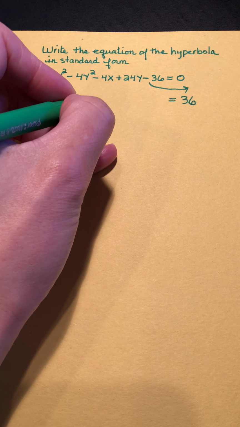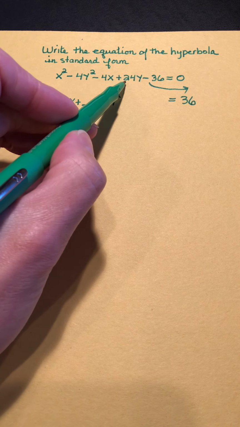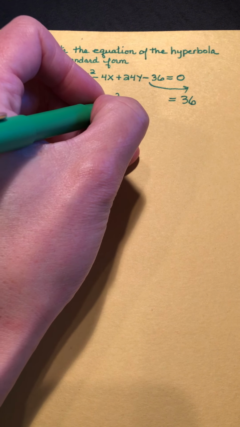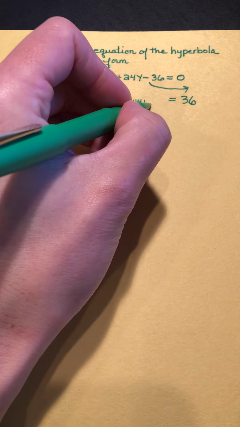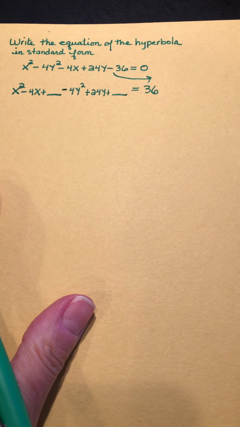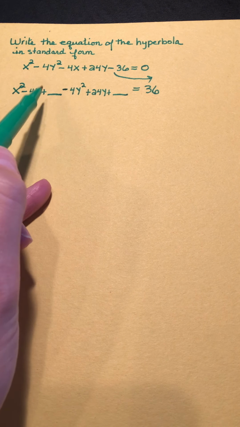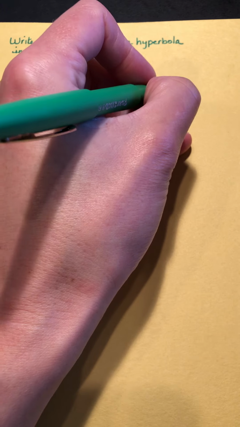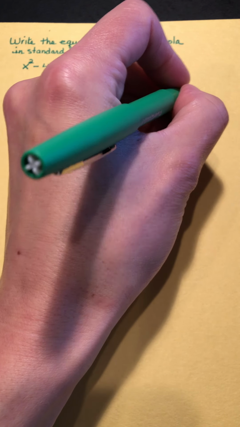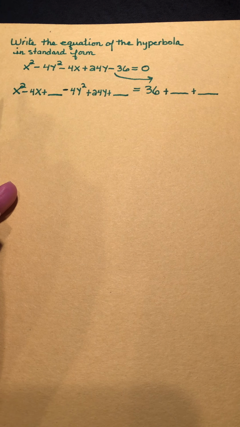So I have minus 4y squared, and then notice I have a plus 24y plus blank. And remember, because I have an equation, whatever I do to the left side, I have to do to the right side. So if I added 2 blank spaces on the left to balance the equation, I need to add 2 blank spaces to the right. So this is basically exactly the same setup as the ellipse.